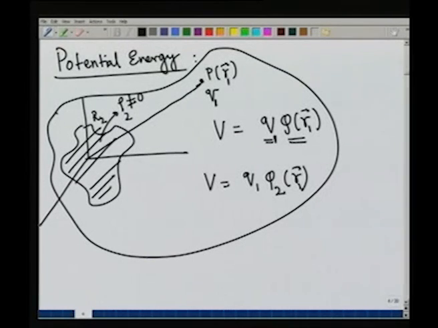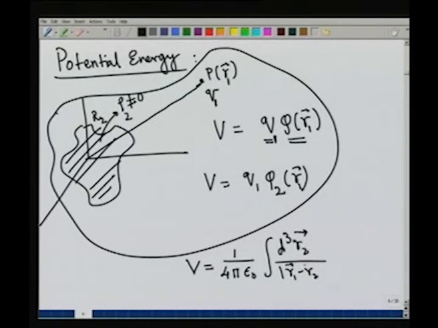So, once I write this potential, since I know how phi 2 is produced by the charge distribution, I can now write my V to be 1 over 4 pi epsilon naught, okay, integral d cubed R2. d cubed R2 is this region R2, the volume contained in this region R2, and we are going to write 1 over mod R1 minus R2 rho of R2 is what I have, and of course I have to multiply it by Q1 which is located at R1.